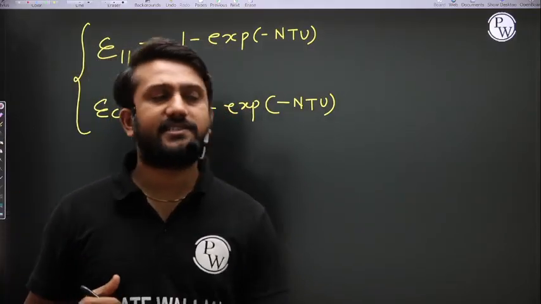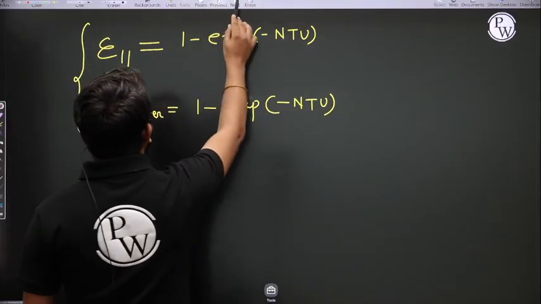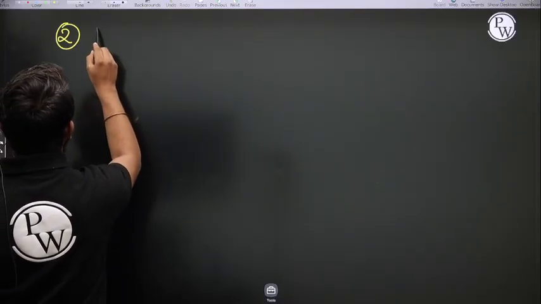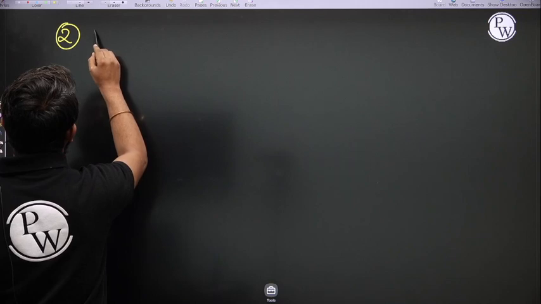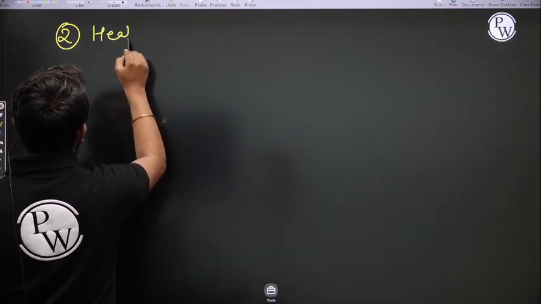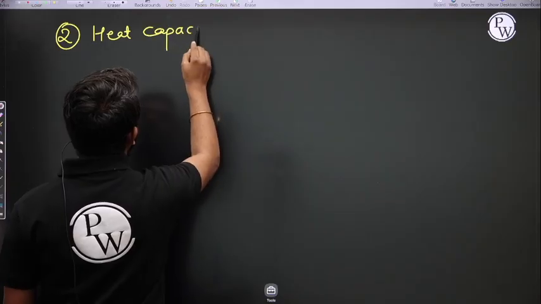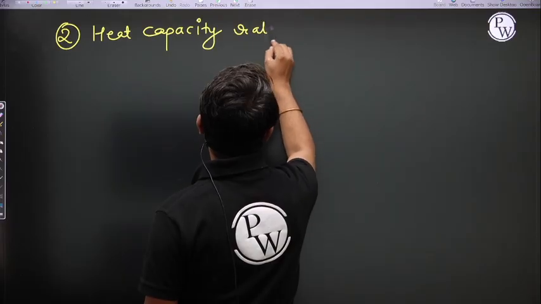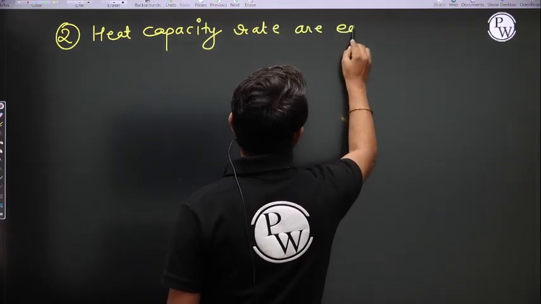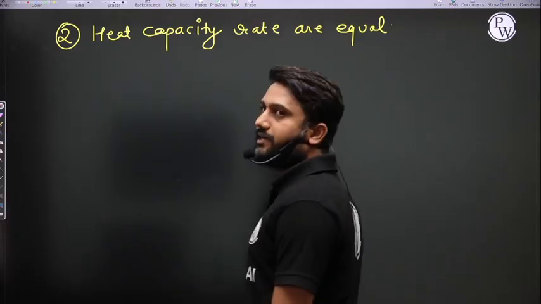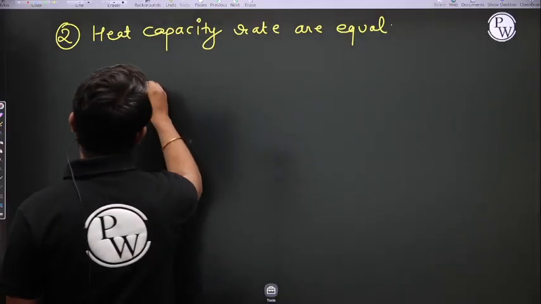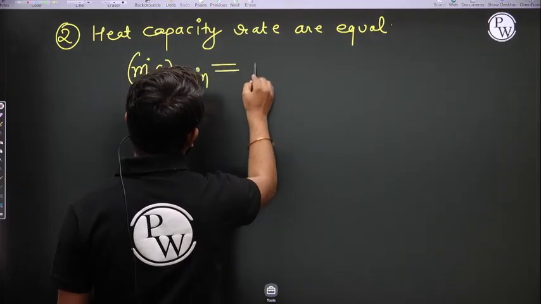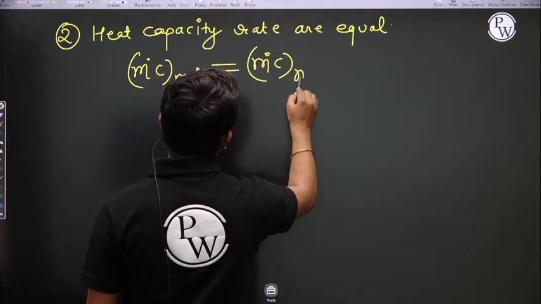So this is the first special case. Now come to the second special case. In the second special case, the heat capacity rates are equal, that means the minimum heat capacity rate is equal to the maximum heat capacity rate.